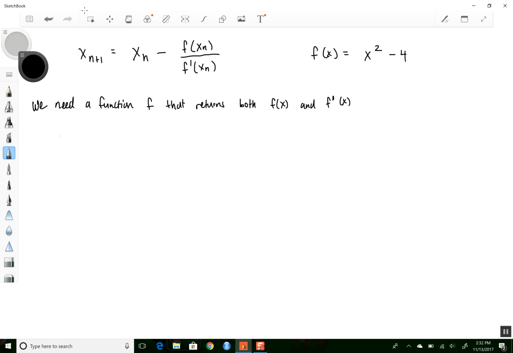So I'm going to write f as a function of x, and then fx will be x squared minus 4, and f prime will be 2x. And then what we will return is we will combine fx and f prime.